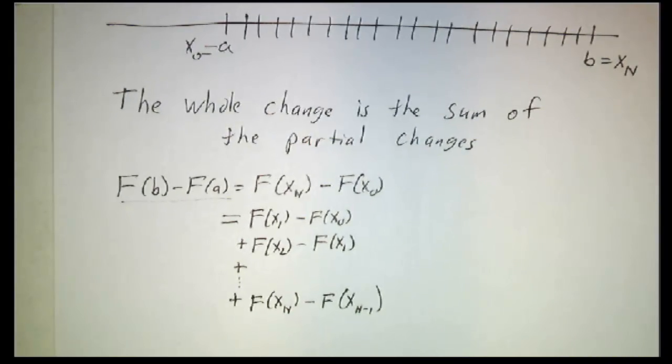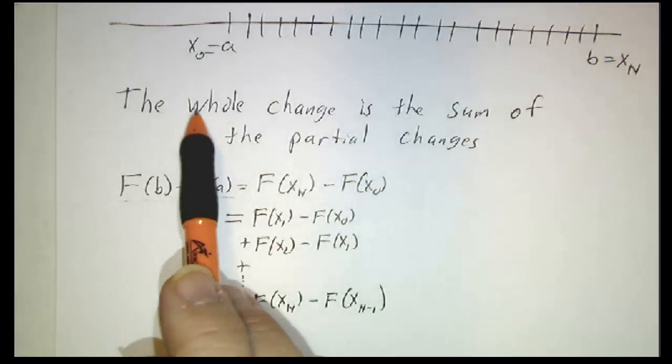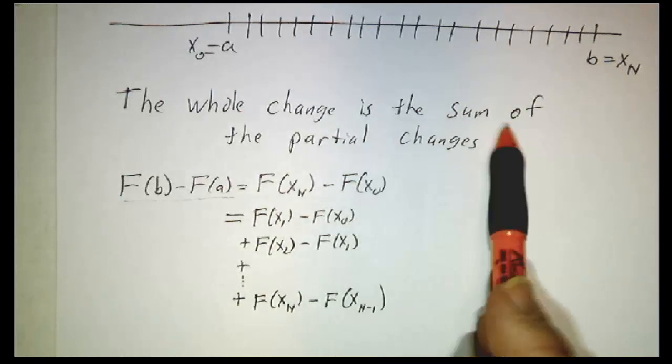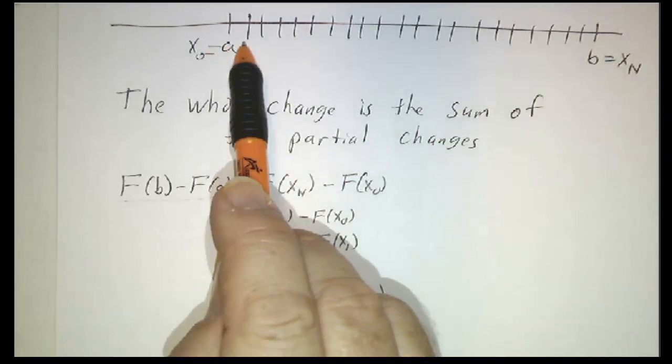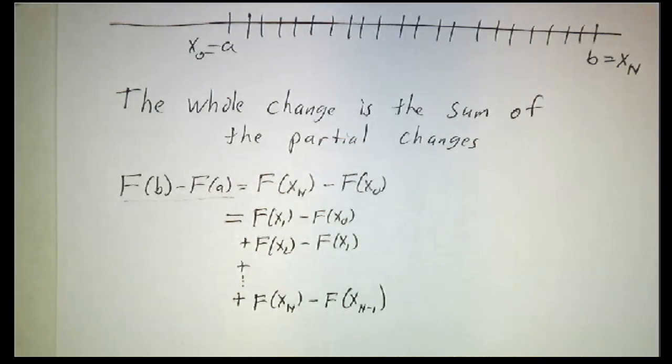Now, the change in something from now till next year is a change today, plus a change tomorrow, plus a change the next day, and so on, plus a change in the last day. The whole change, the change from the starting point to the end point, is the sum of the partial changes: the change in the first step, the second step, the third step, the fourth step, and so on.